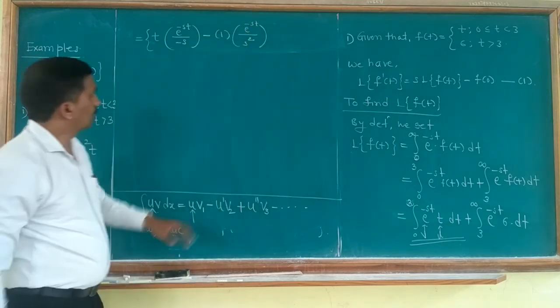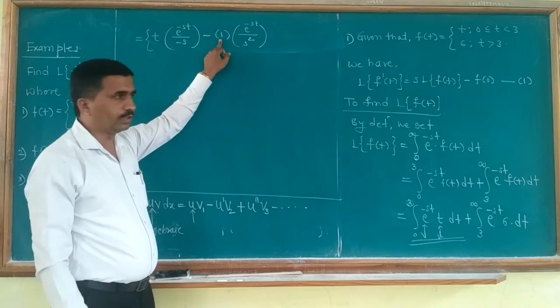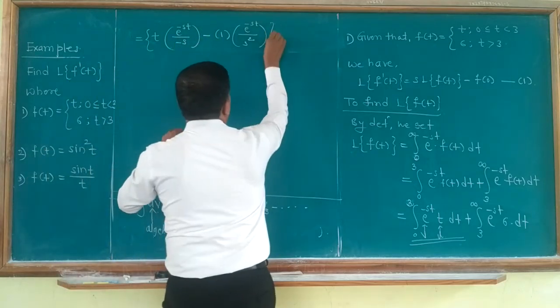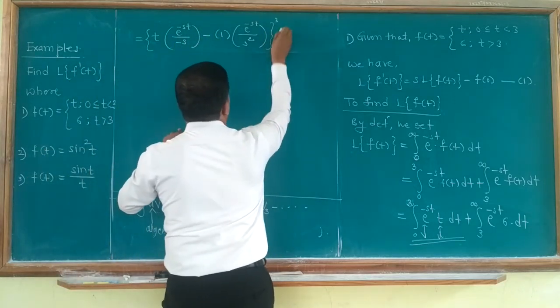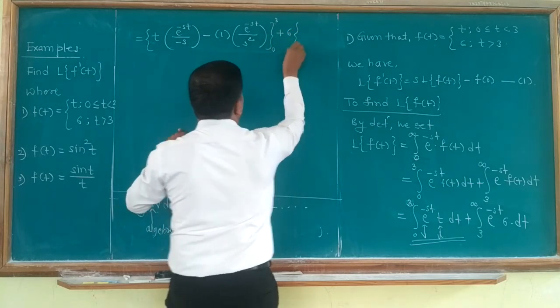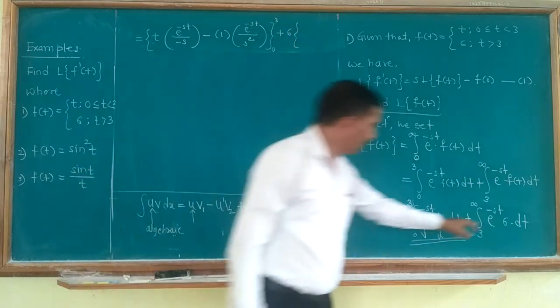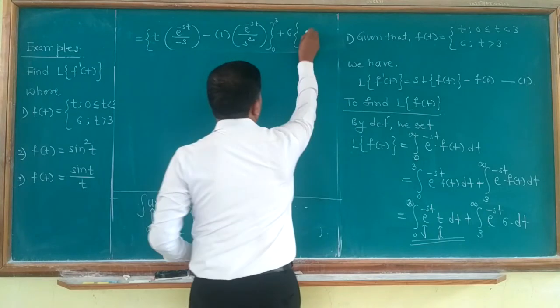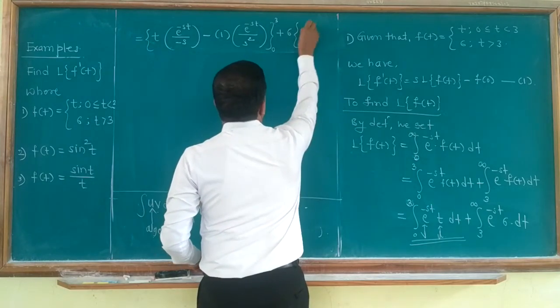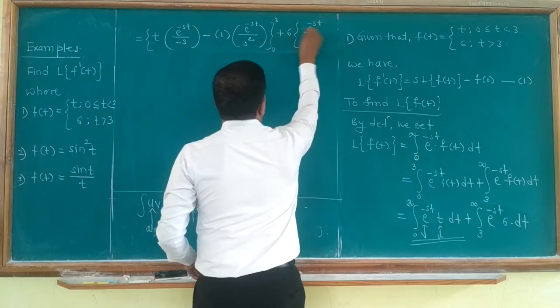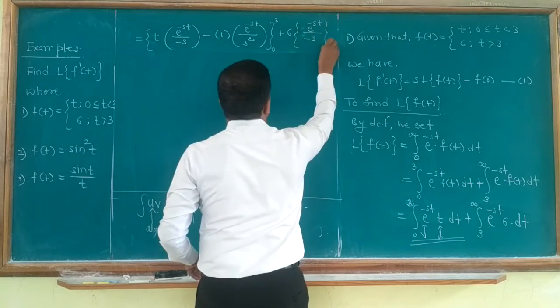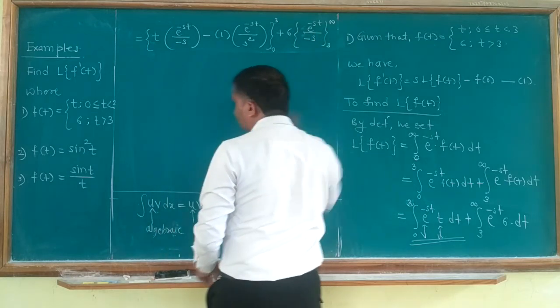Next sign is plus, and derivative of 1 is 0. So the limits are 0 to 3, plus 6 into the integration of e raised to minus st, which is e raised to minus st divided by minus s, limits 3 to infinity.